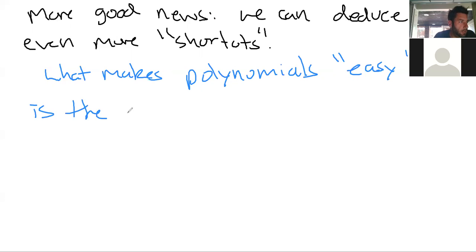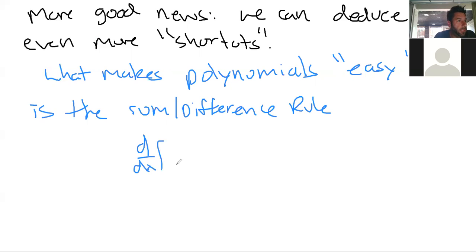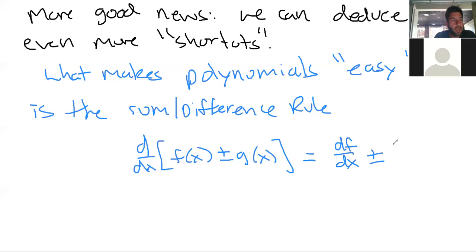What makes them easy is what we call the sum difference law, or sum difference rule. Basically that was saying that if we take two expressions and add them together or subtract them, we'll call one F and one G, then you can differentiate each piece separately and then add them or subtract them back together.